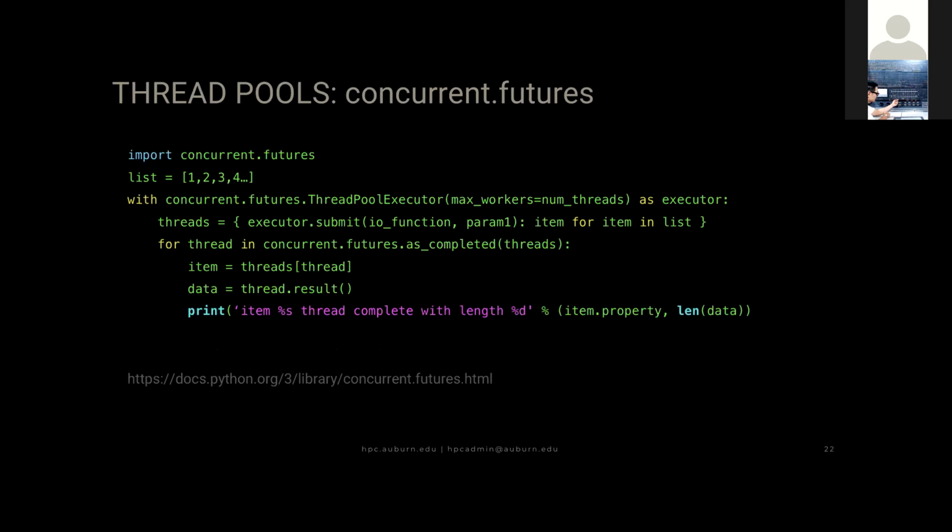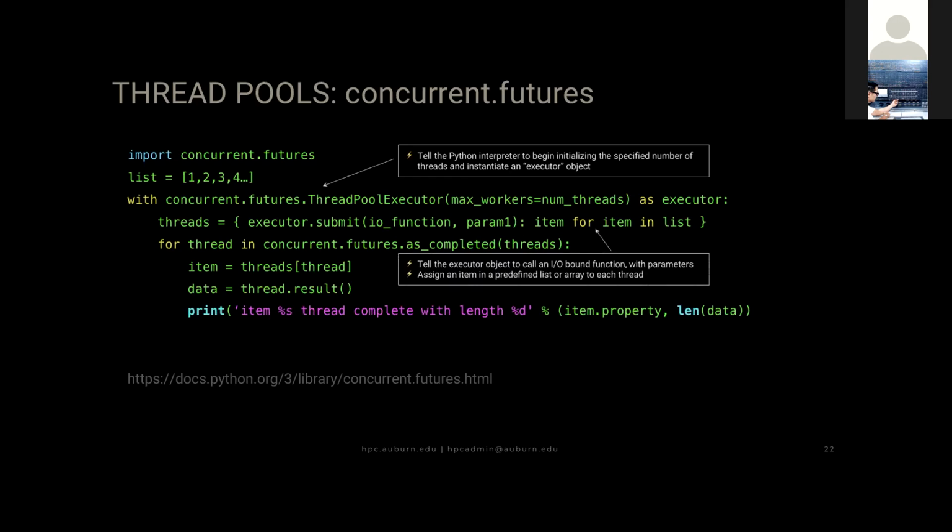So an example of threading using this concurrent futures library looks something like this. You're going to have a ThreadPoolExecutor, and then you're going to indicate however many threads you want to use. So you tell the Python interpreter to initialize this thread pool with a certain number of threads, and it's going to return an executor object. And then with that executor object, you can go ahead and loop through.